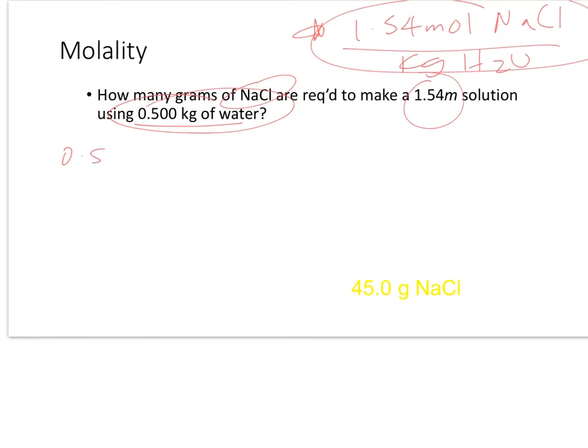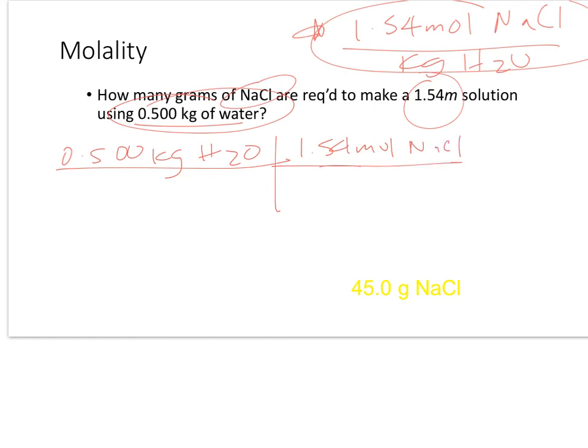So what I'll do is take my 0.500 kilograms of water and multiply it by my molality: 1.54 moles of NaCl for every 1 kilogram of H2O. Basically the kilograms of H2O are going to cancel. This calculation is going to give me my moles of NaCl. So this gives me 0.770 moles of NaCl.